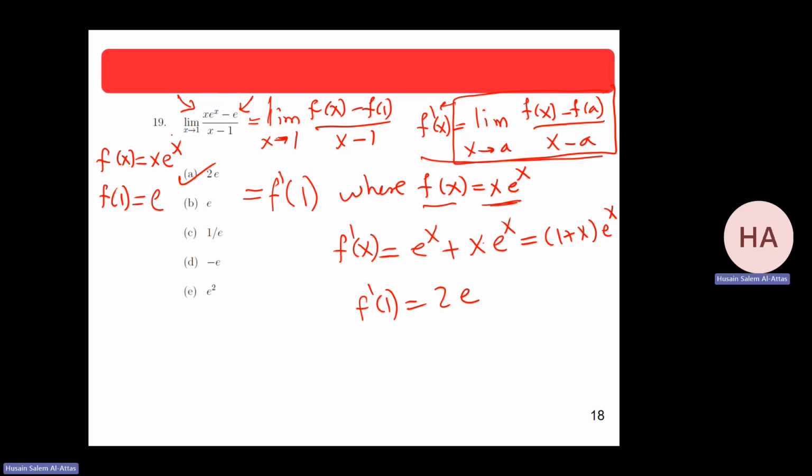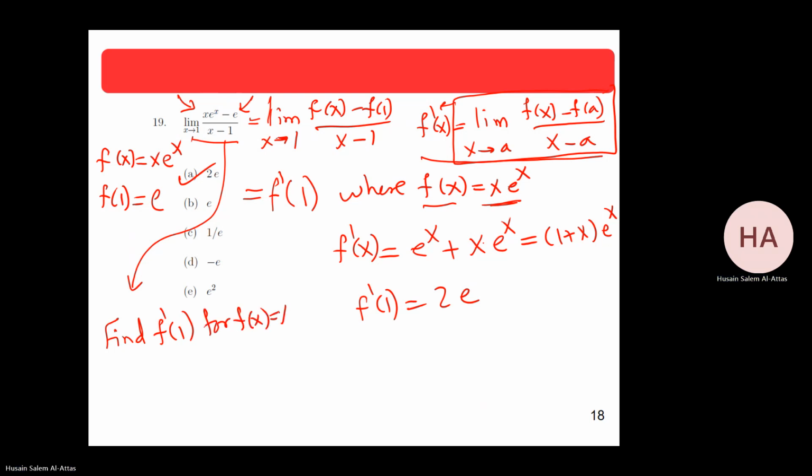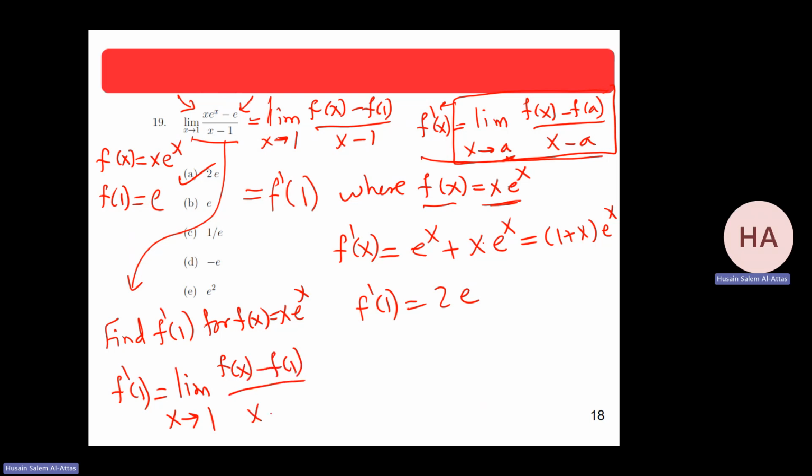You can think of this another way. If he asks you to find f prime at 1 for f of x equals x e to the power x using the definition, how do you do that? You will say f prime at 1 will be the limit as x goes to 1 of (f of x minus f of 1) over (x minus 1).